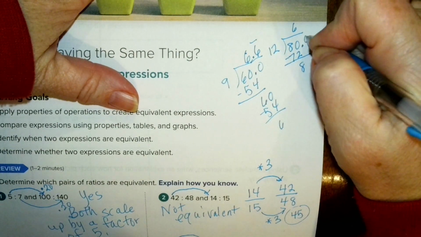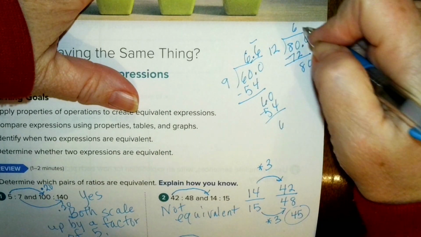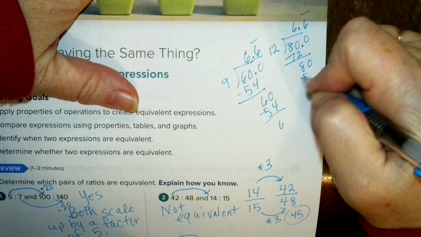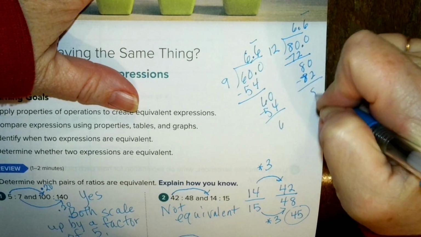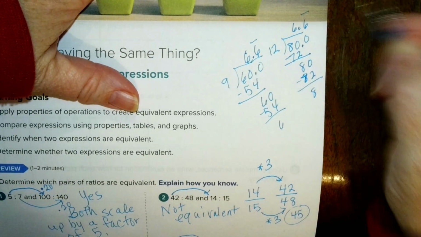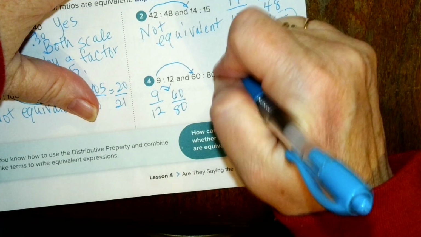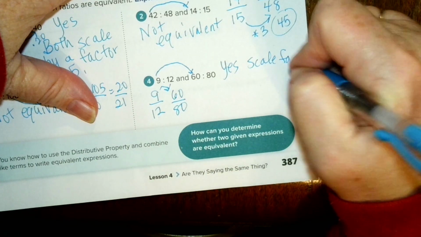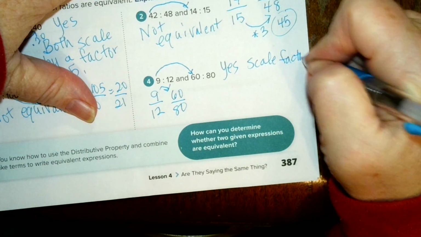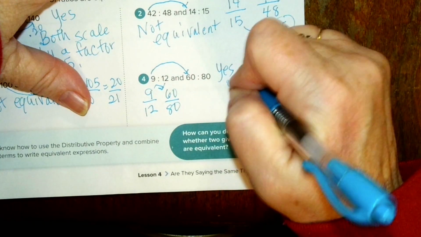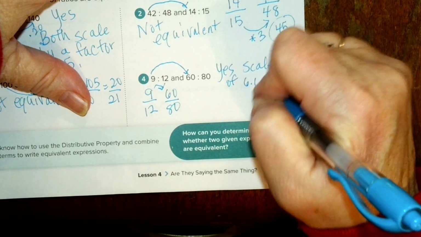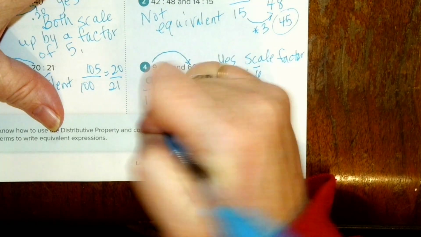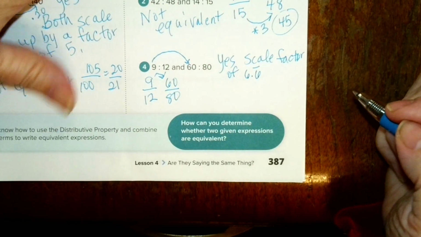If I put a decimal point and a 0, bring it down, I can get another group of 6 out. It's still 72. I'm going to subtract and get 8, so I'm going to get the same thing, 6.6 repeating. So this one is a yes. So scale factors, another way we can write it, of 6.6 repeating.